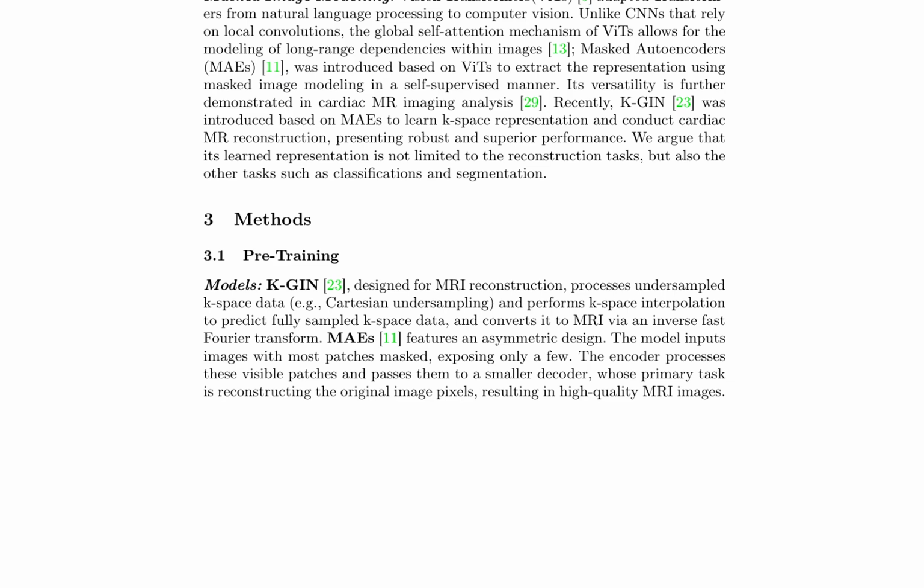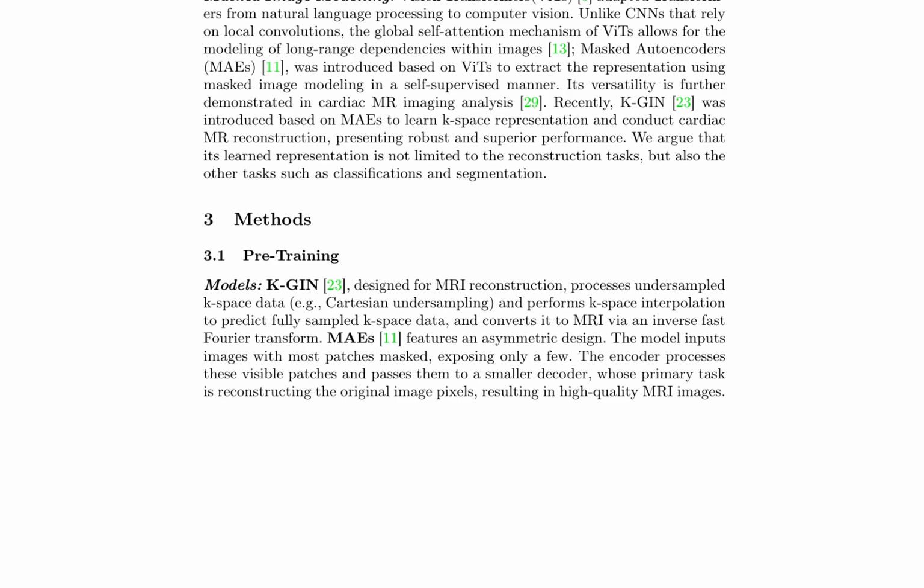Inspired by natural language processing, masked image modeling has been adapted to computer vision through vision transformers, ViTs. Unlike CNNs, ViTs utilize a global self-attention mechanism, allowing for the modeling of long-range dependencies within images. Building upon this concept, masked autoencoders, MAEs, were introduced to extract representations using masked image modeling in a self-supervised manner.